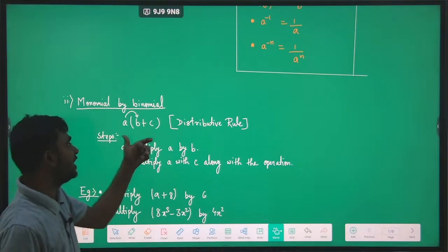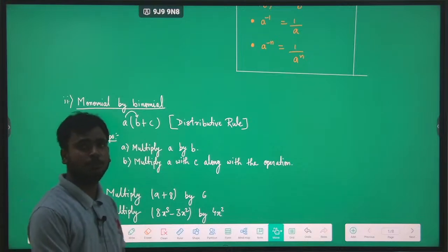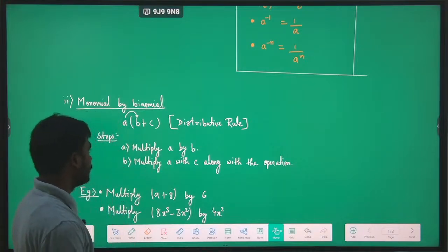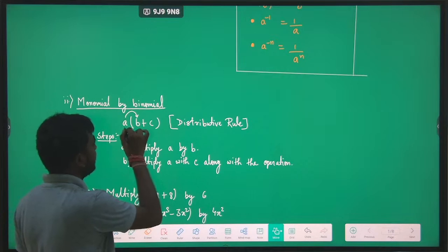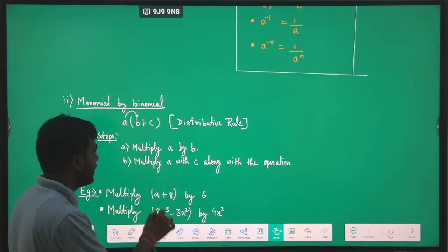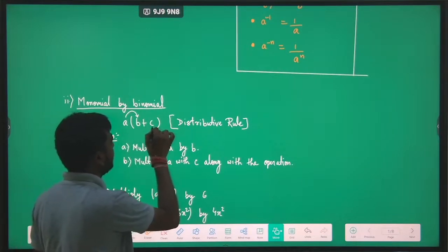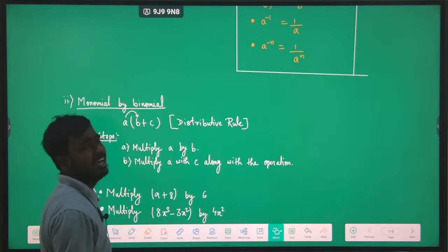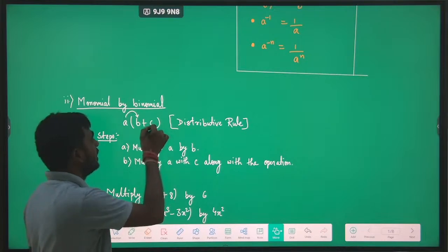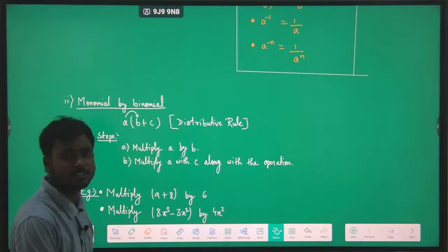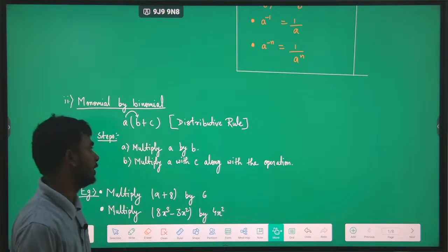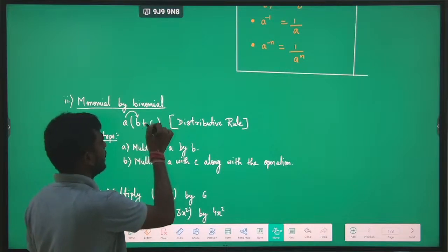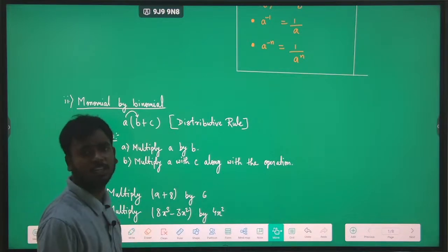As I have said earlier, we will use the distributive rule here. So first of all, we will multiply this a with b, and after that we will multiply this a with c, and we will add both the terms if the operation is addition. If the operation is subtraction, then what will happen? Then this plus will become minus and we will subtract both the terms.